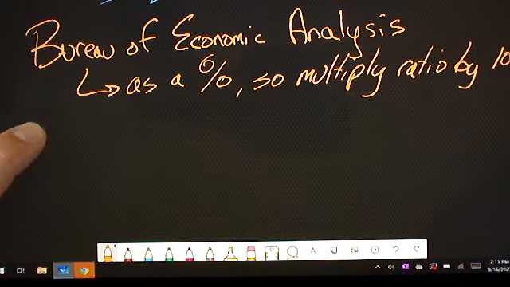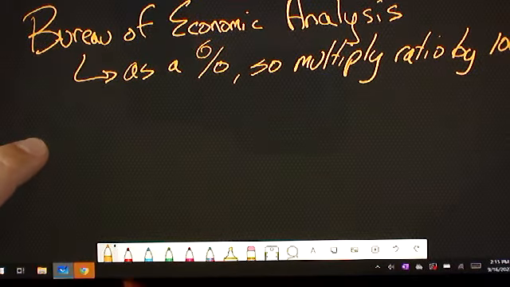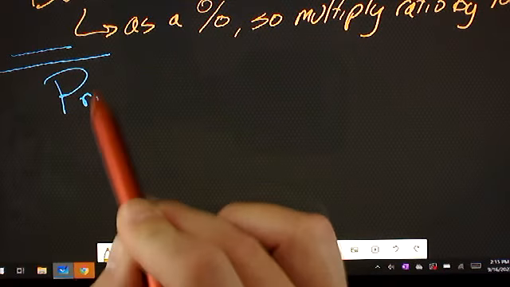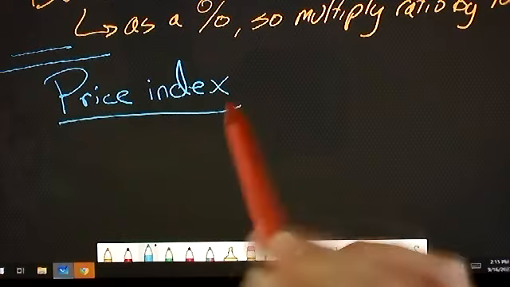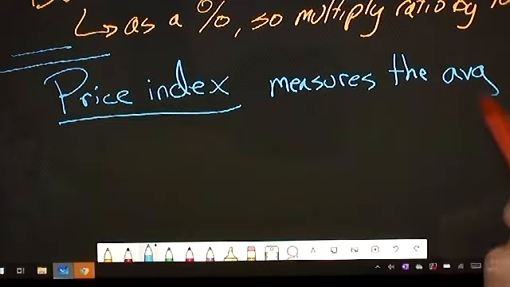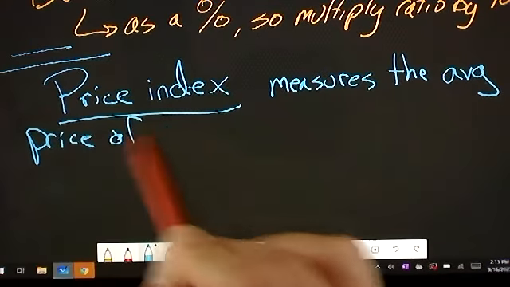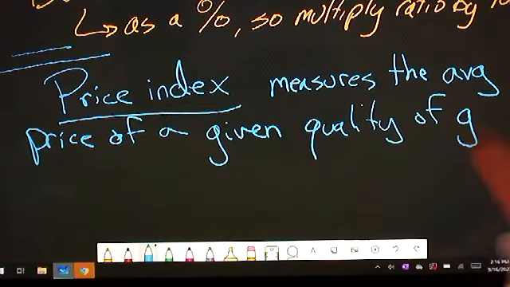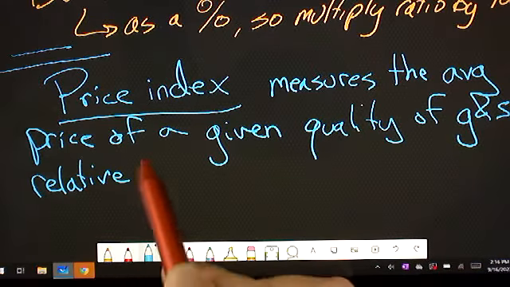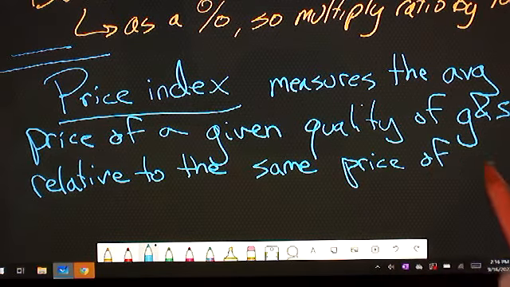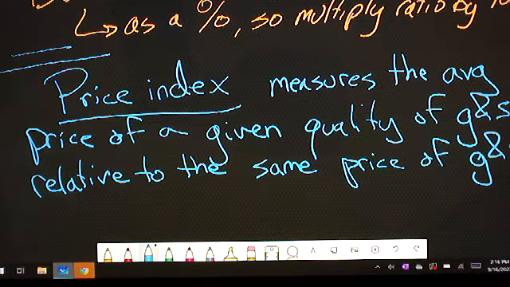So a price index, kind of talking about a new thing here, a price index measures the average price of a given quality of goods and services relative to the same price of goods and services in some base year.